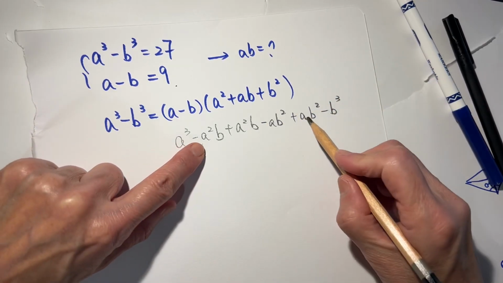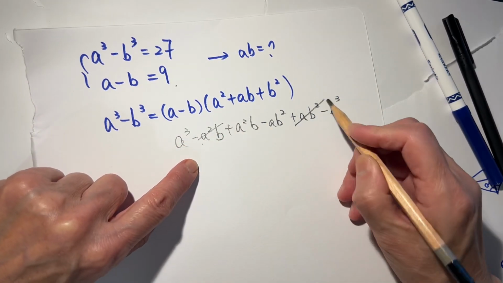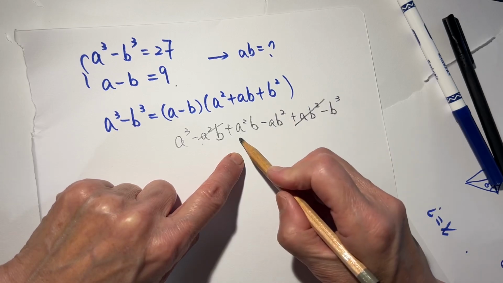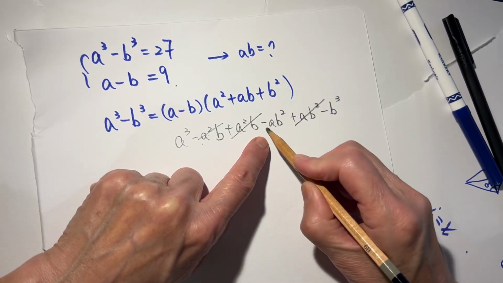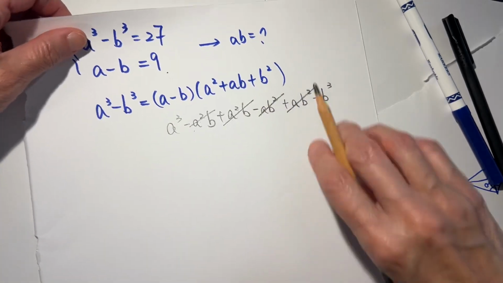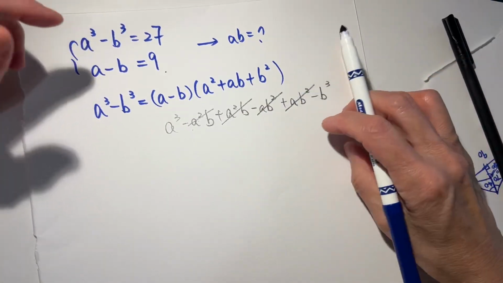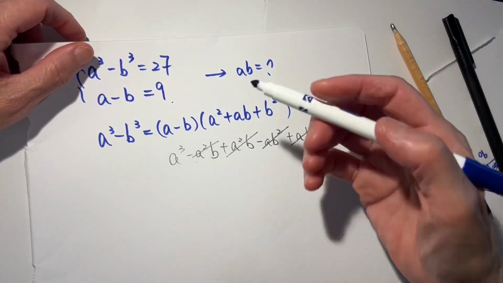So this and this cross cancel, this and this cross cancel. So this is the formula. If you forget it, you can still write it down.